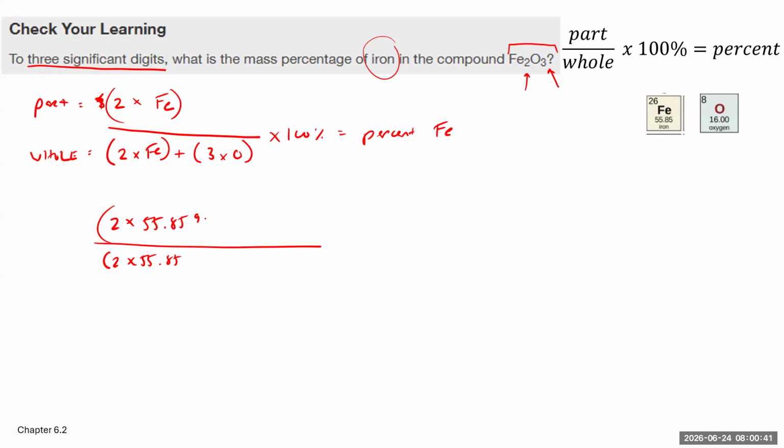It should be grams per mole, right? We need our units to be proper and get this to work. And this one is 3, so 3 times 16.00 grams per mole times 100% equals percent. All right, let's take a look. We're going to do this all in one operation, and let's see how it goes.